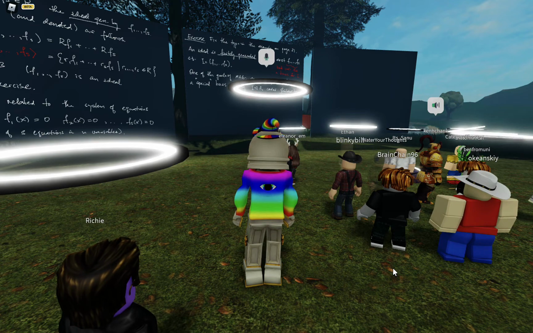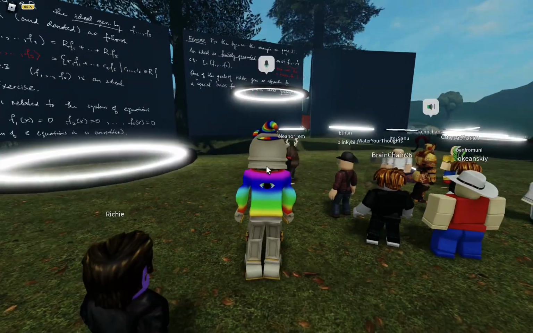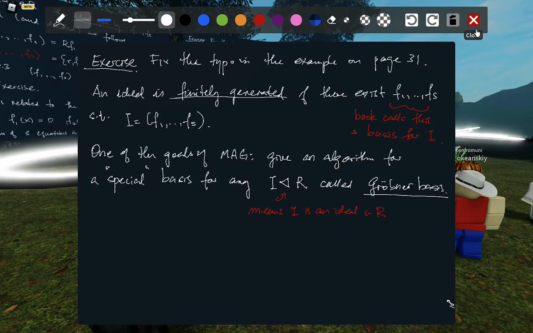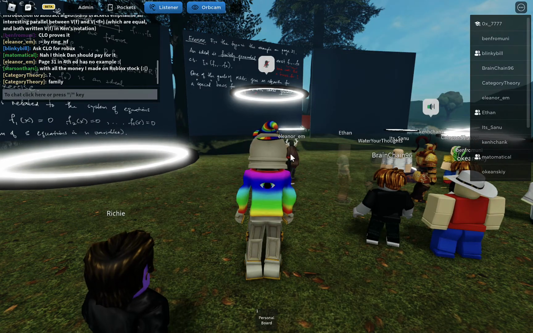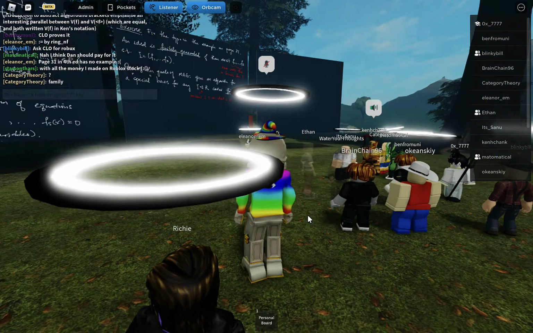Okay, so we'll use this to show that every ideal of R is finitely generated. I've kind of mentioned this. We'll prove this using Grobner bases in this course, and that's called the Hilbert basis theorem.